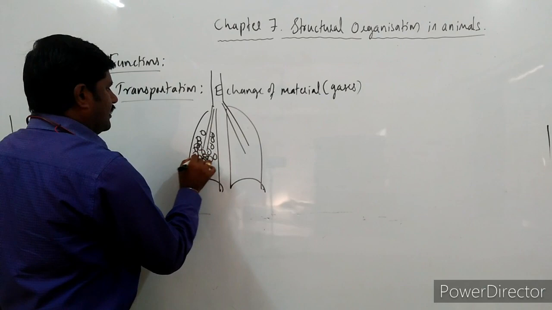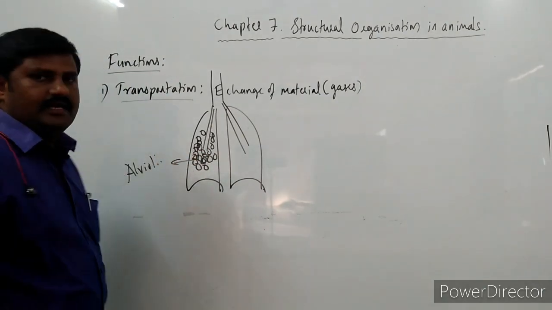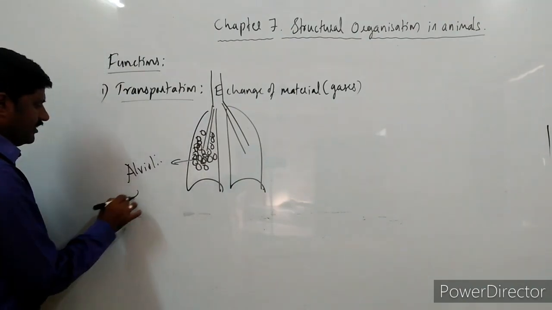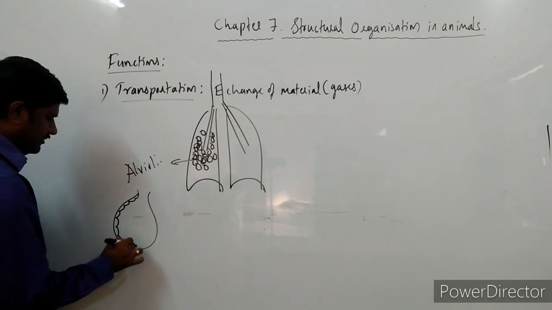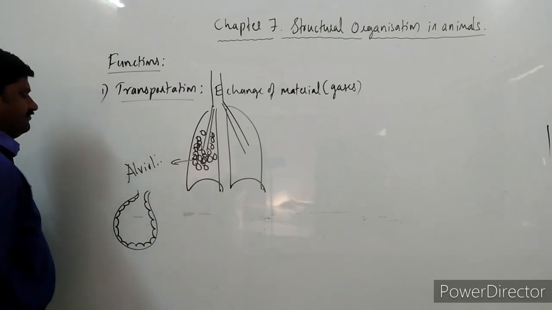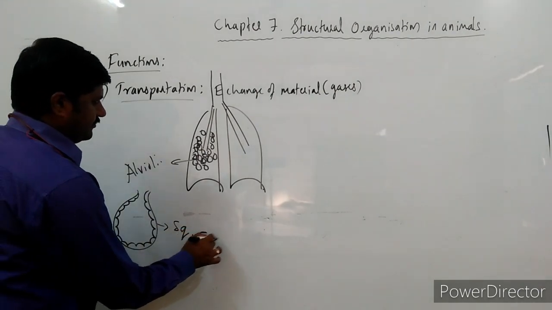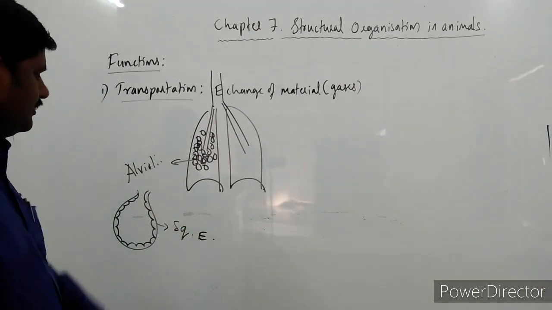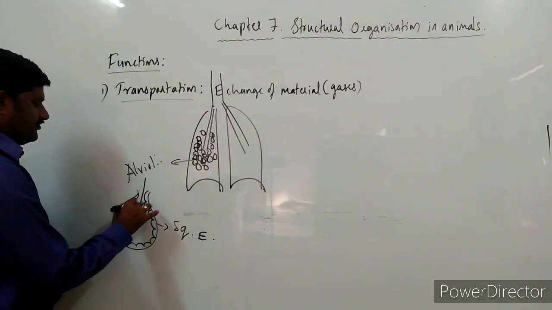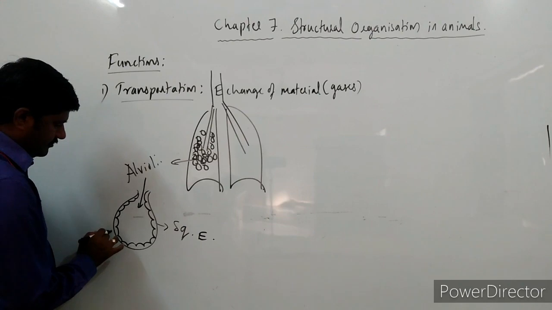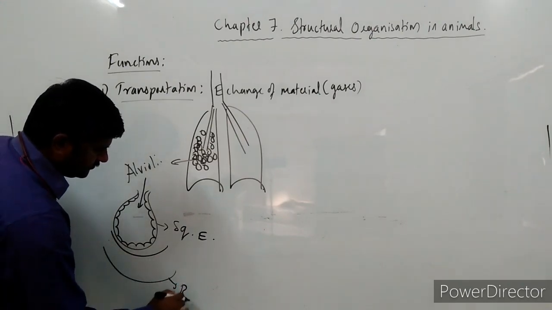These air sacs are nothing but alveoli. Whenever you enlarge one alveolus, it is lined by epithelium. What kind of epithelium is it? Squamous epithelium. See here, the air enters in, and adjacent to this there is a blood capillary.